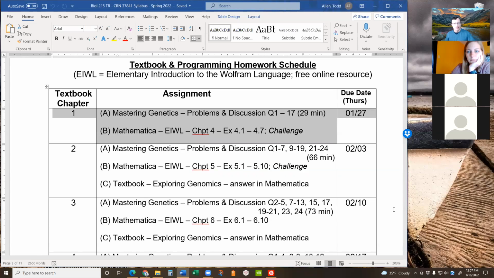That's what you should do, is ask if you don't understand what I'm wanting. Okay, so this first week, you're going to get a homework assignment in Mastering Genetics from textbook chapter 1. So out of the Concepts of Genetics textbook, there's going to be questions from the chapter 1 reading that are presented to you through Mastering Genetics, the online learning system that we're going to talk about soon.